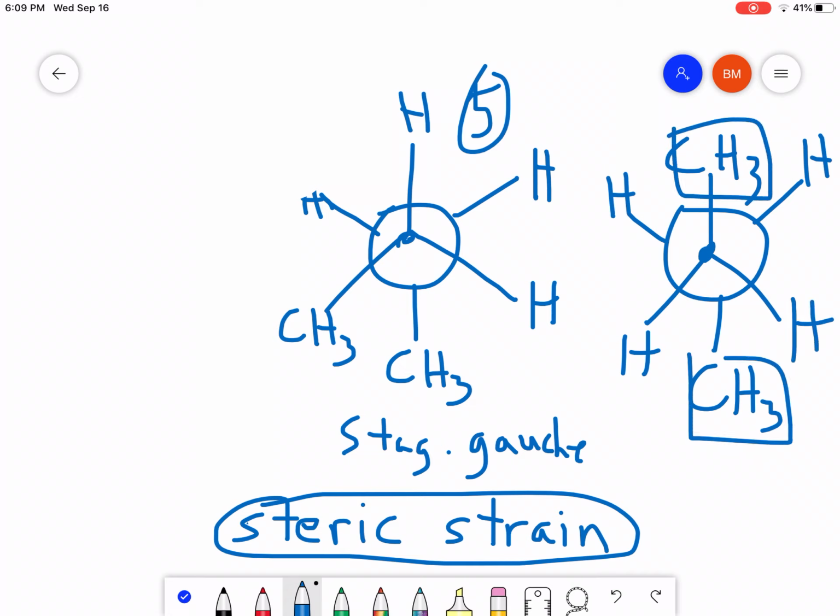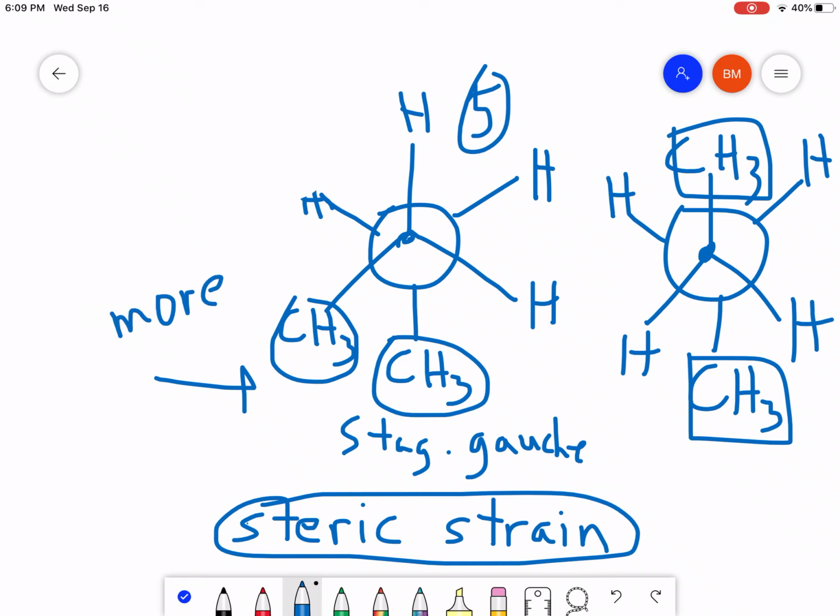Here, CH3 definitely is the largest group, right? It takes up a lot more room than the H's. In this case, the largest groups are diametrically opposed. They're as far apart as they can get. Whereas over here in the gauche, they're a little closer to each other, which means they're probably going to have a bit more crowding. And that creates a little bit of instability. All right, so staggered anti-conformations are more stable, lower energy than staggered gauche.